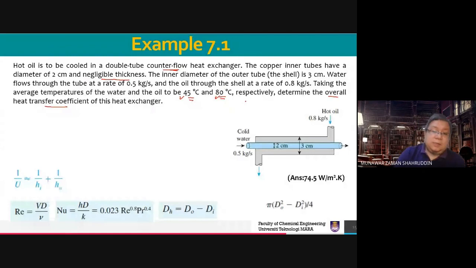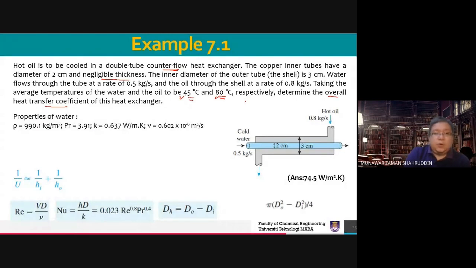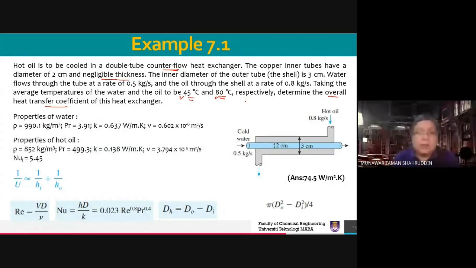Tapi for this purpose I actually just buat untuk you lah. I think in cold water is the only thing that you need to calculate lah, the Reynolds number.